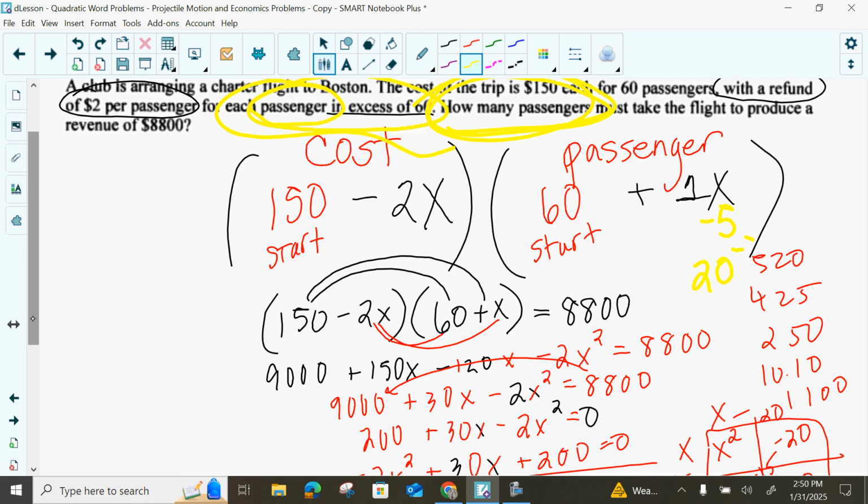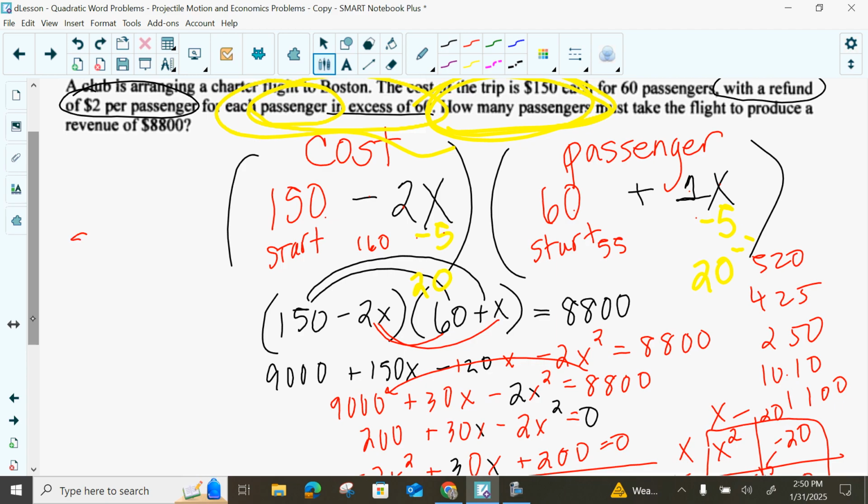We might have to plug it into both of them to see what happens, right? So if I plug in negative 5 and 20, I forget the answer on this one. So if I go 60 minus 5 times 1, that's 55. If I go over here, 150 minus 2 times negative 5, that's 160.